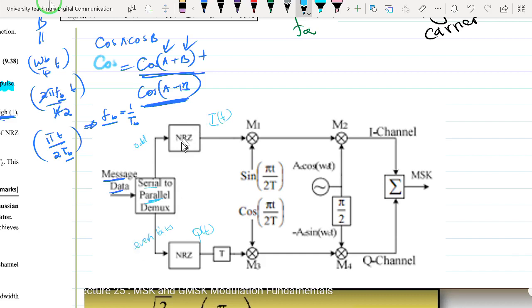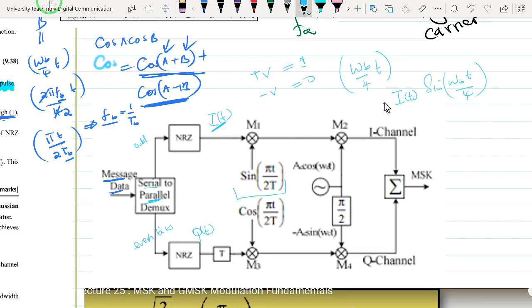The odd bits are then taken through the NRZ encoder, or bipolar NRZ encoder, to generate a signal that has positive voltage for symbol 1 and negative voltage for symbol 0. This signal is multiplied at the balanced modulator with this sine wave that has frequency of omega_b over 4, just like we have seen, so that we are able to form I(t) sin(omega_b t over 4).